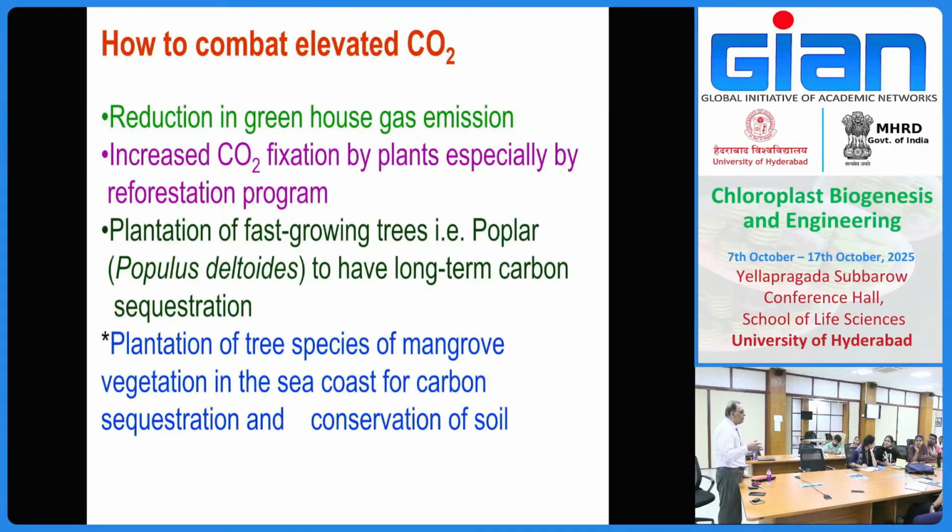Which bacteria grow there? Anaerobic bacteria, right? They grow in the rice field, in anaerobic conditions, and they emit methane. So methane emission also causes global warming.